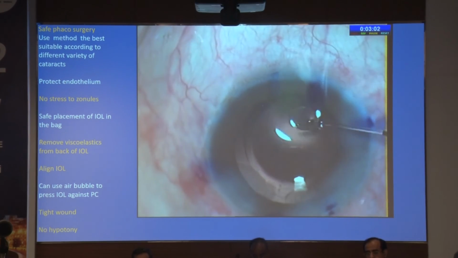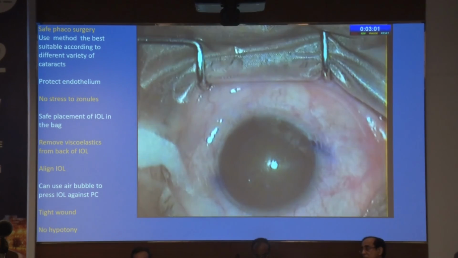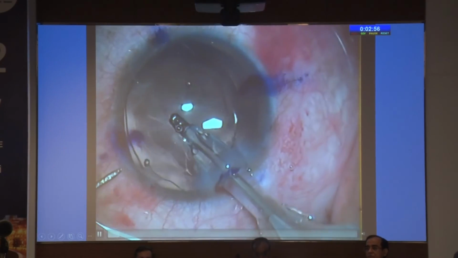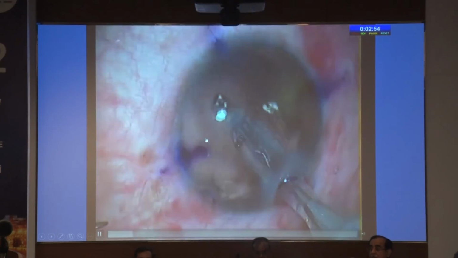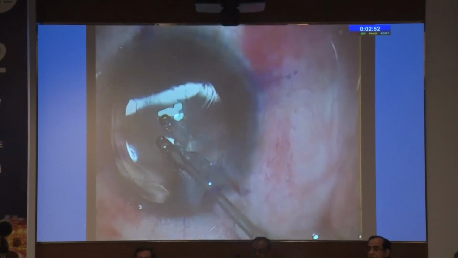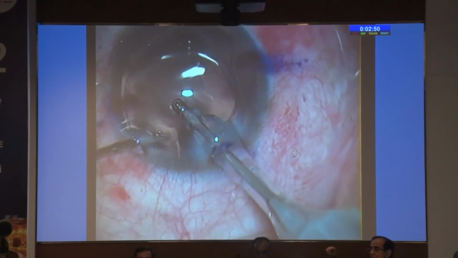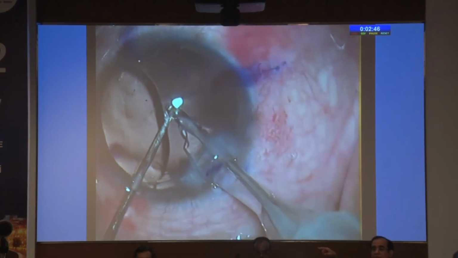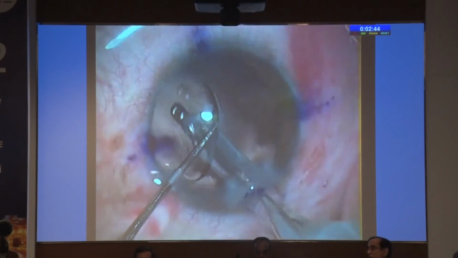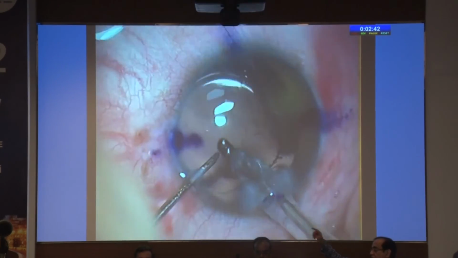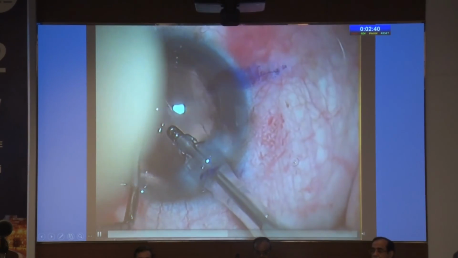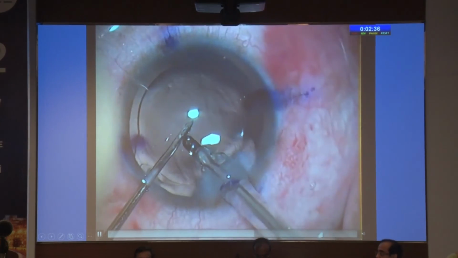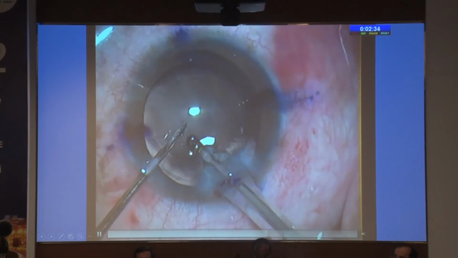So these are a few tips which definitely have to be taken care of. To move the IOL into the axis of alignment while irrigation aspiration is going on, one can take advantage of a second instrument and bring it to the axis of alignment. So this could be, leave it just around 5 to 10 degrees before that.